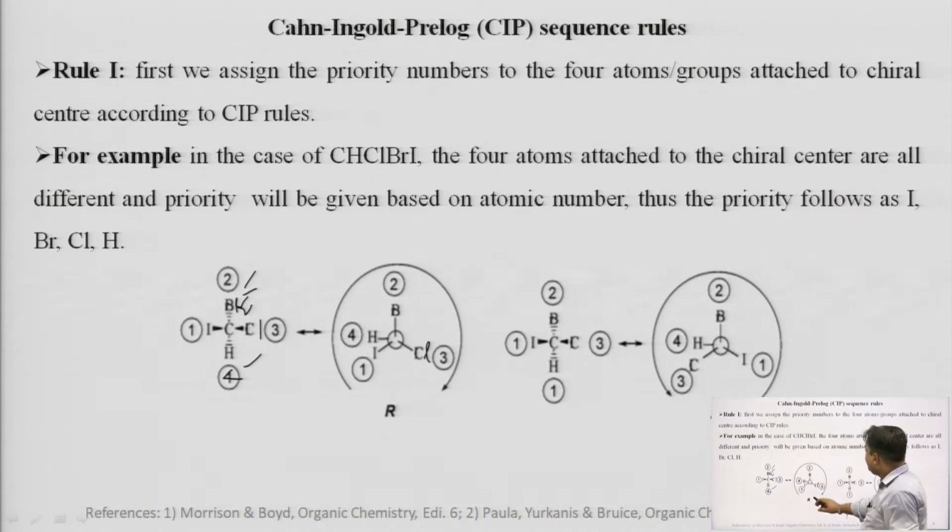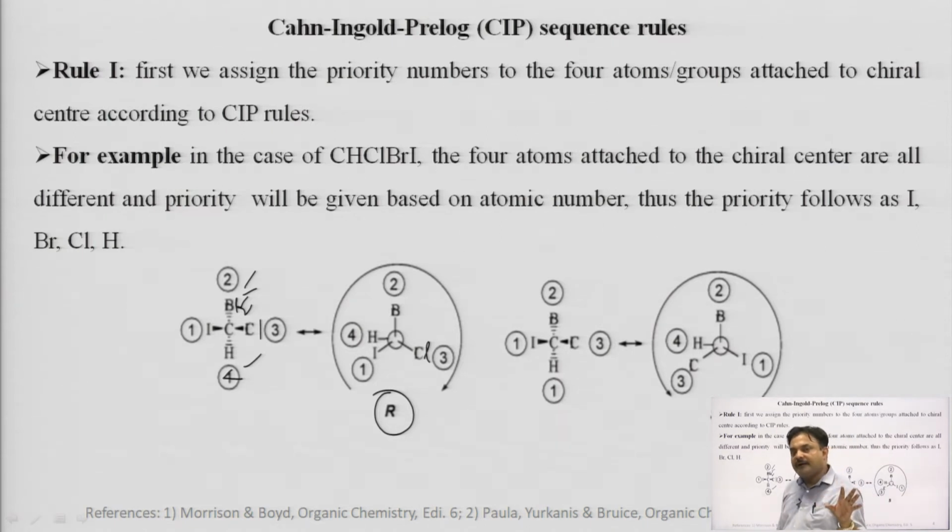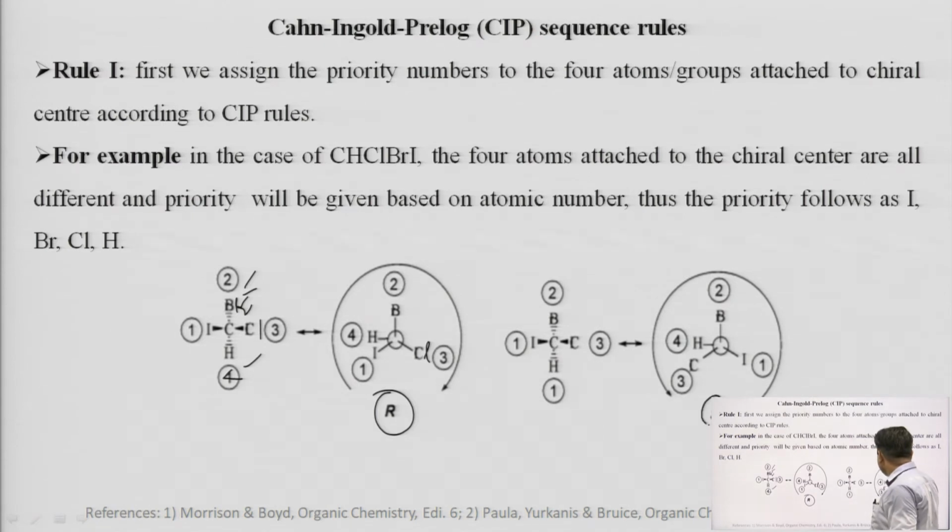So, here you can see when we keep the molecule away from the observer, that is me, and see the molecule, my eye rotates from this direction to this direction. Okay, that means clockwise direction. When we see that the rotation of the eyeballs is clockwise, then R will be assigned to the molecule. If the rotation of the eyeball is anti-clockwise, then S will be assigned to the molecule.